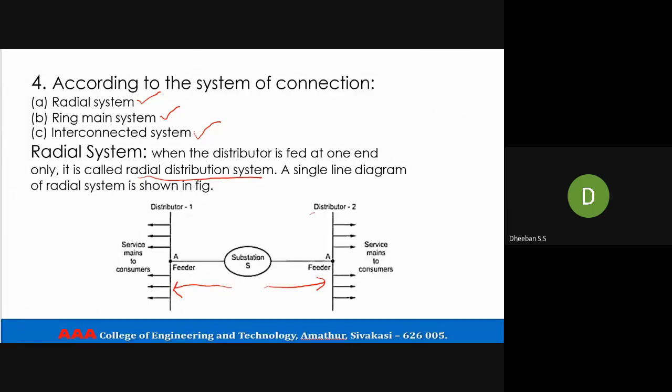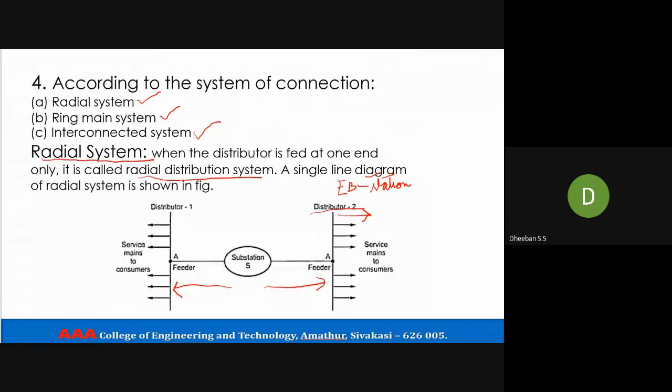You can take the distributor as your EB station, and from the EB station, if it is a single way to the consumer, then it is a radial system. More or less, commonly we make use of this radial system.